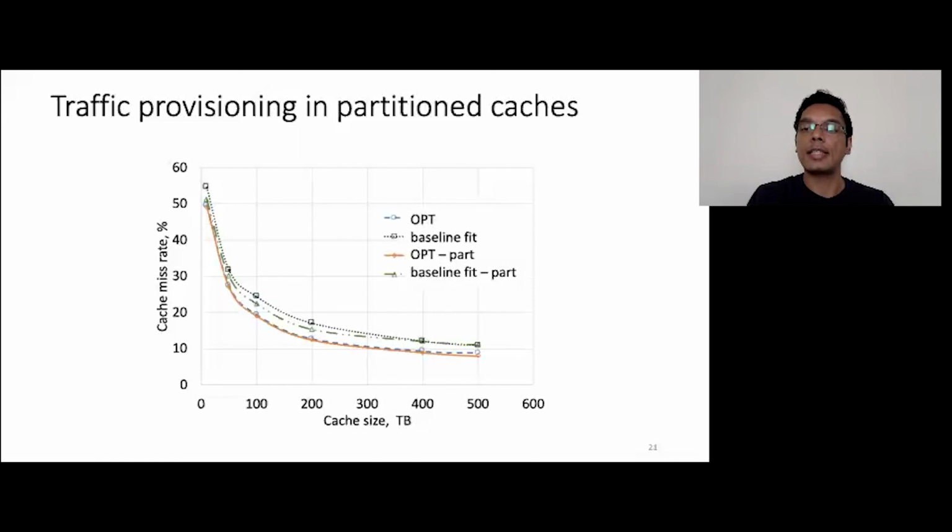This indicates that by being midgress-aware, traffic provisioning algorithms can work very well with shared caches. This motivates us to stick to shared caches in production settings. It should be noted that the optimization model with partition caches is still a mixed integer linear program, and so it's still an NP-hard problem to solve.